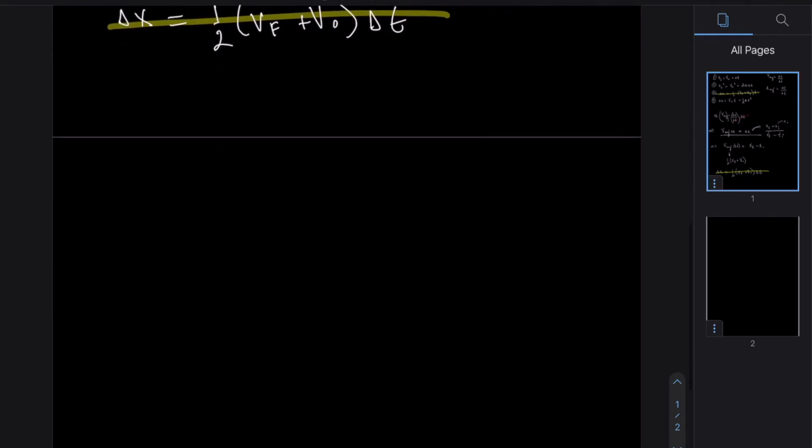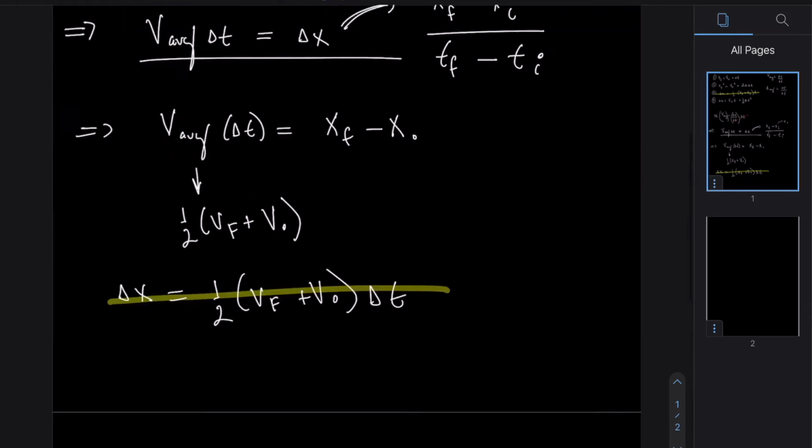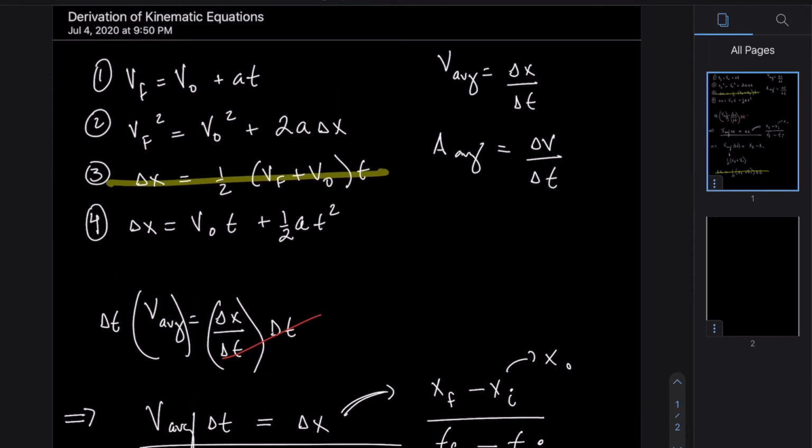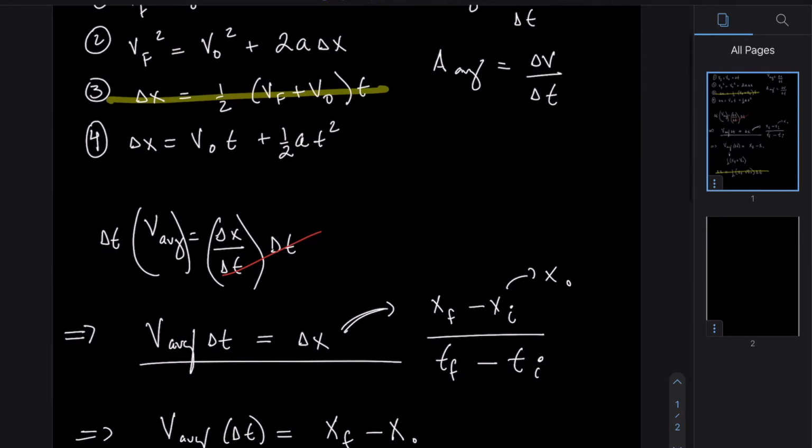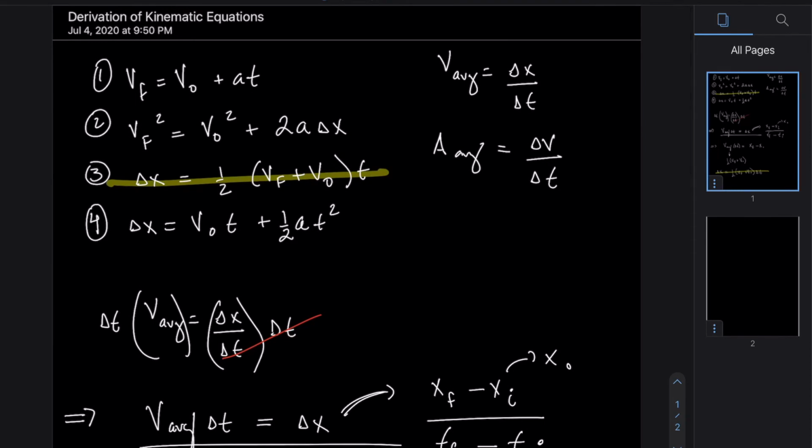So the next one I want to do is, let's see, let's do this one. V final equals v initial plus acceleration times time. So for this one, let's start with the expression we know, that the average acceleration is equal to the change in velocity over the change in time.